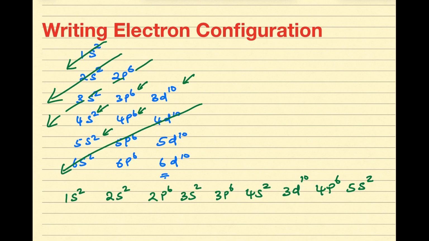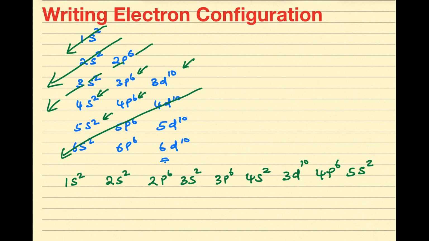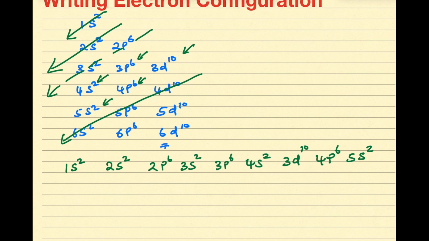Now, if you're told to write the electron configuration of, say, sodium, in the periodic table, you'll see that sodium is written as Na, and then you have 11 here, that's the atomic number, and you have 22.9, so that's about 23, and that's the atomic mass, the atomic weight.